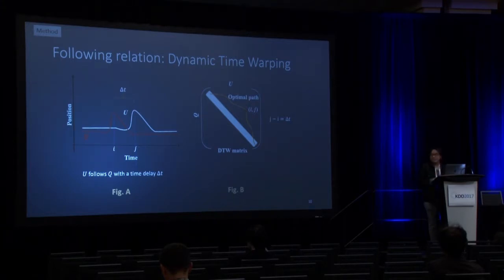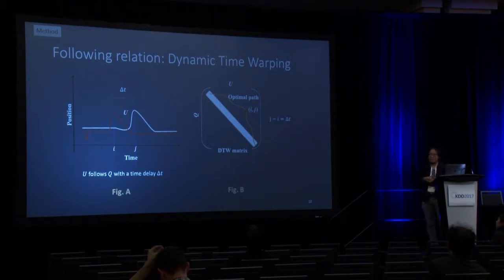Now, let me introduce how to infer the following relation. We use dynamic time warping. But we cannot just look at the dynamic time warping distance because it never gives the relation of who follows whom. So instead, we look at the dynamic programming matrix of the dynamic time warping.